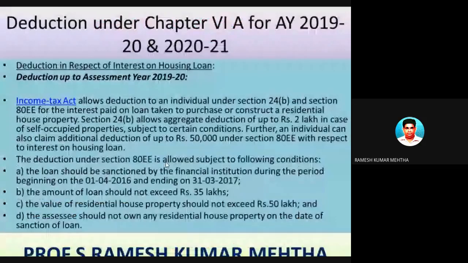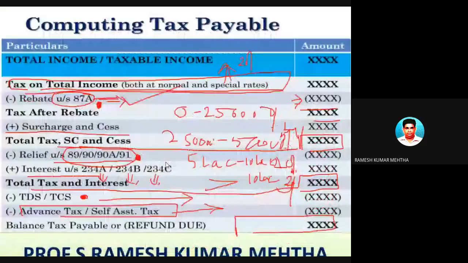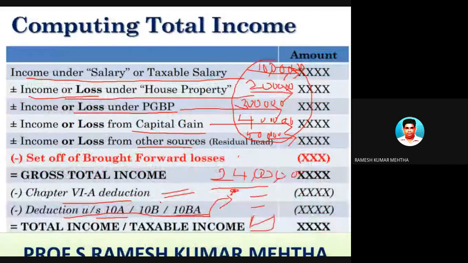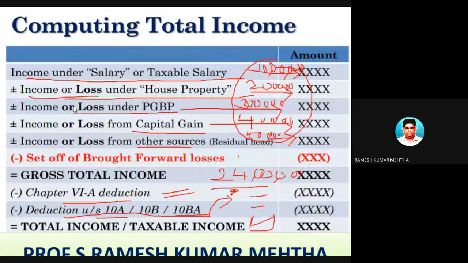Now let's talk about the other deductions. In the very first slide, I talked about deductions, and we have seen so far relief under section 89 and rebate under section 87A. Now we are going to talk about deductions under chapter 6A and deductions under 10A, 10B and allied sections.